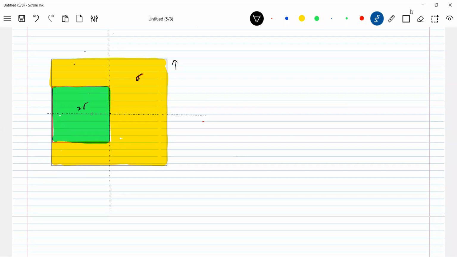So let this side length be L. This is L. This total, let it be L. You have to locate the center of mass of the system. Able to understand now? So first, I'll take a square plate of side length 2L and density sigma. I'll make a hole. In that hole, I'll fill up a material of density 2 sigma. We have to locate the center of mass of the system.